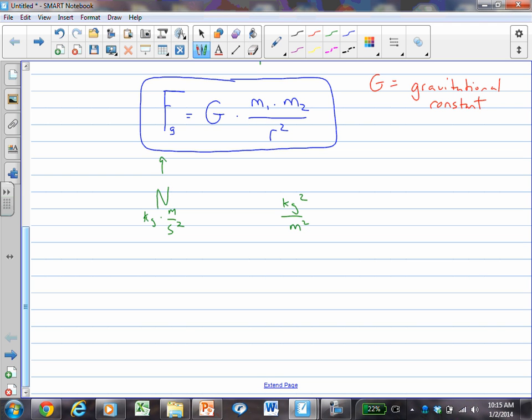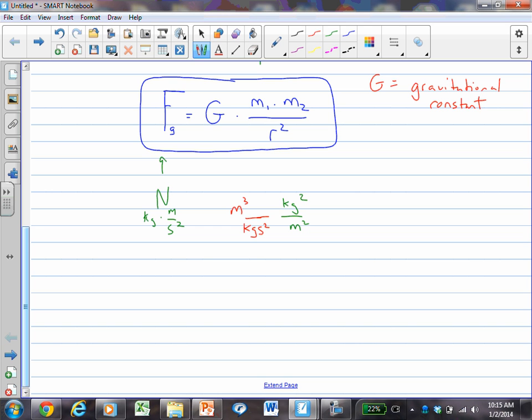well, what will G be? Well, G has to cancel one of the kilograms. So we could see that it has to have a kilogram on the bottom, and it needs to leave the meters cubed so that we are left with the meters on top. And we also need there to be seconds squared in it.